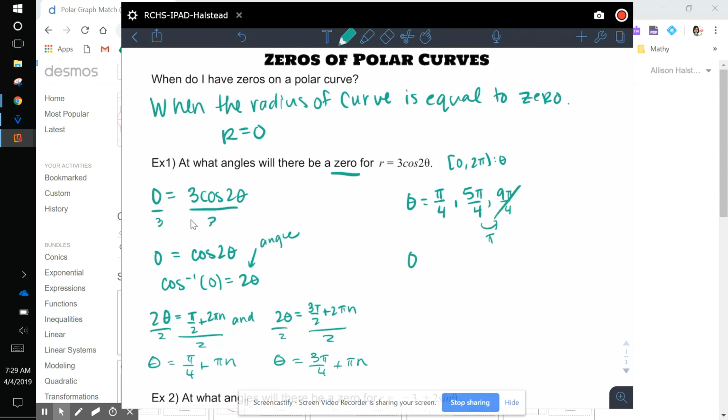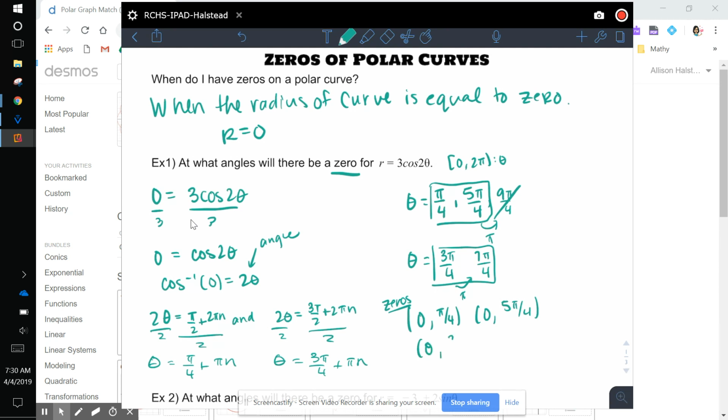Second equation: 3 pi over 4 plus pi gives me 7 pi over 4. So I know that I'm going to have zeros at the points (0, pi fourths), (0, 5 pi over 4), (0, 3 pi over 4), and (0, 7 pi over 4).